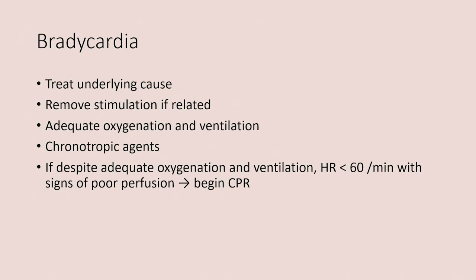So for bradycardia, we need to treat the underlying cause, and remove the stimulation if related. We have to ensure adequate oxygenation and ventilation. We may need to apply drugs to improve the heart rate. And if, despite good oxygenation and ventilation, the heart rate is below 60 with signs of poor perfusion, then we have to begin CPR.